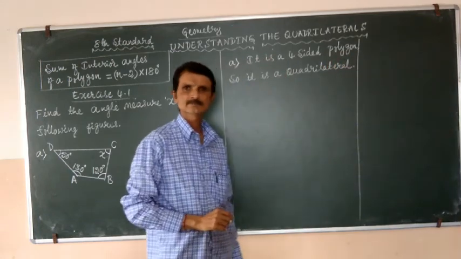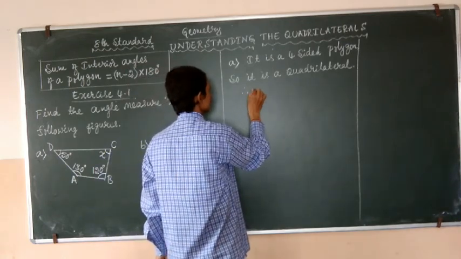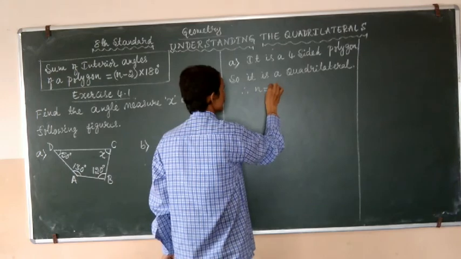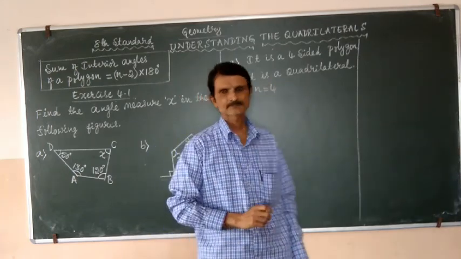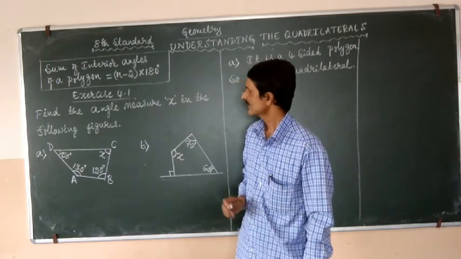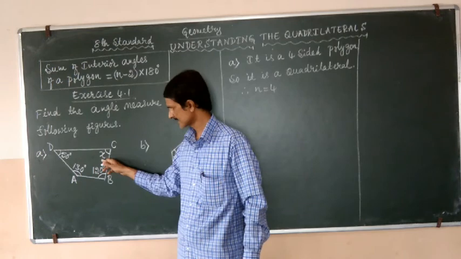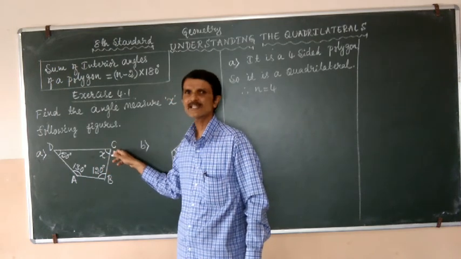Therefore, the number of sides n equals 4. Before finding the value of x, that is, the angle C, we have to find the sum of the interior angles of a quadrilateral, or of the given polygon.